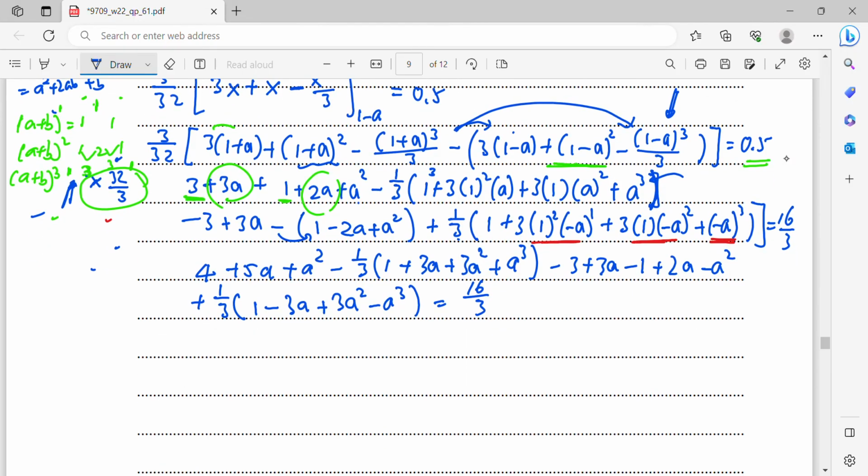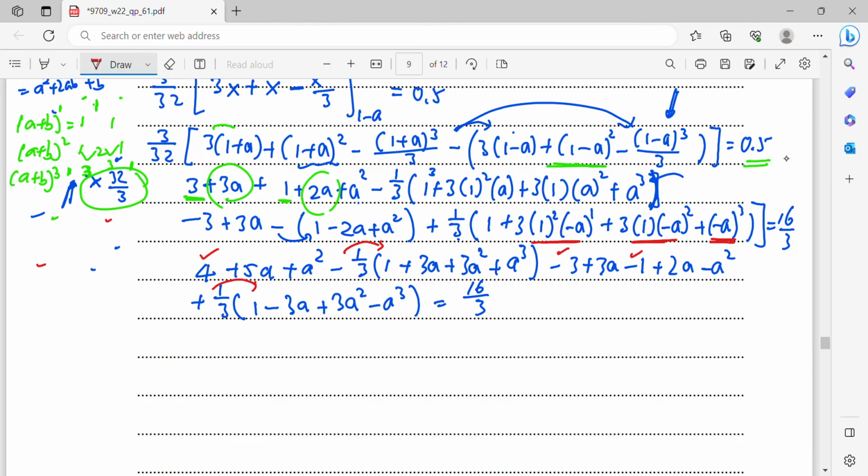Okay, so now further simplify all the terms. See here, 4. This is minus 3, minus 1. So 4 minus 3 minus 1 means it is 0. Then now this negative 1 over 3 plus 1 over 3. That means you don't get any constant.